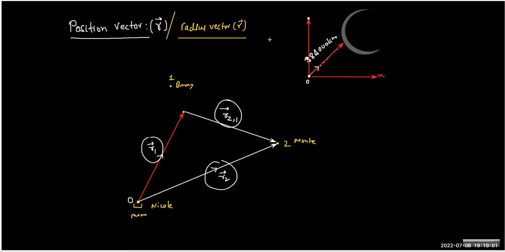And with this number system you can write the coordinate eventually. So the moon is located in the xy plane. If this is the xy plane, I can say the moon is located at some x value and some y value. I don't know how much.